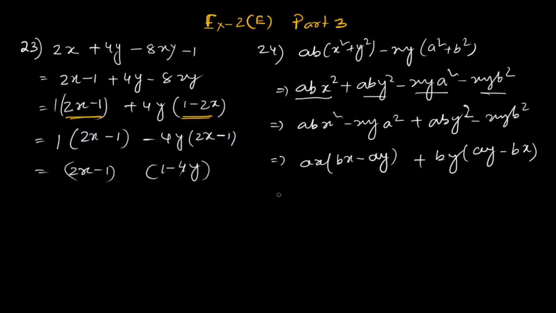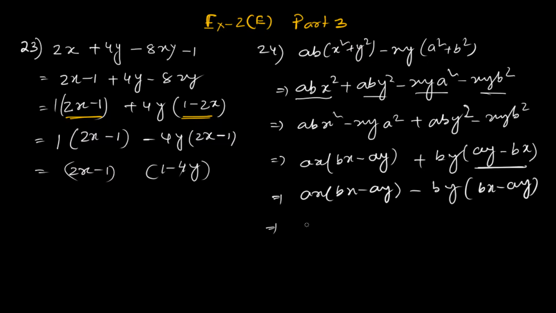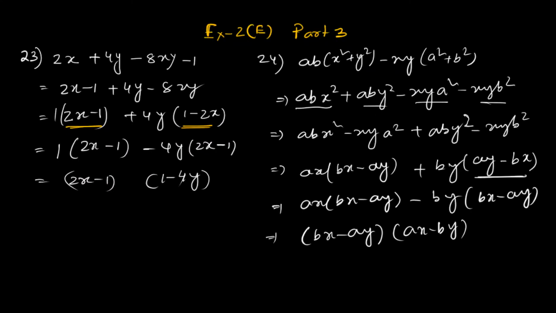Again, like the last question, we have to take a minus common from this last term. So ax times bx minus ay, minus by times bx minus ay. Now I can take bx minus ay common, leaving ax minus by. So this will be the answer for the 24th question.